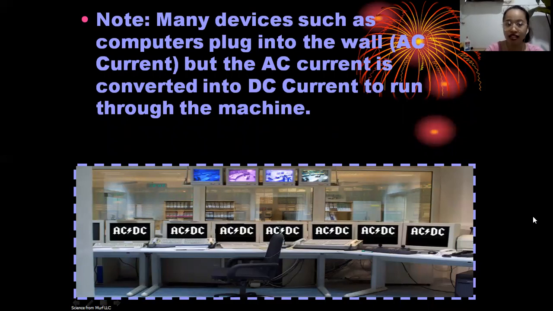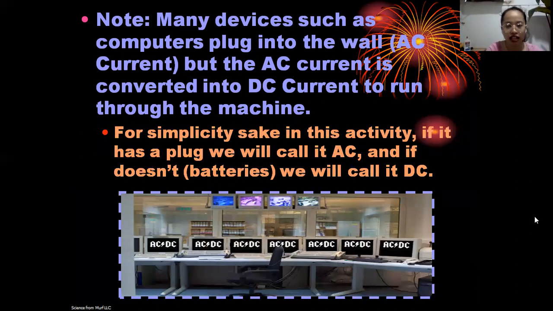Note, many devices such as computers plug into the wall using AC current, but the AC current is converted into DC current to run through the machine. For simplicity's sake in this activity, if it has a plug, we will call it AC, and if it doesn't, we call it DC. Ready? Okay, identify whether the picture is AC or DC.